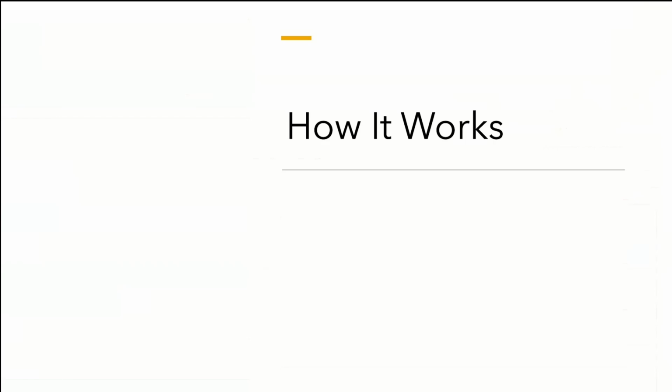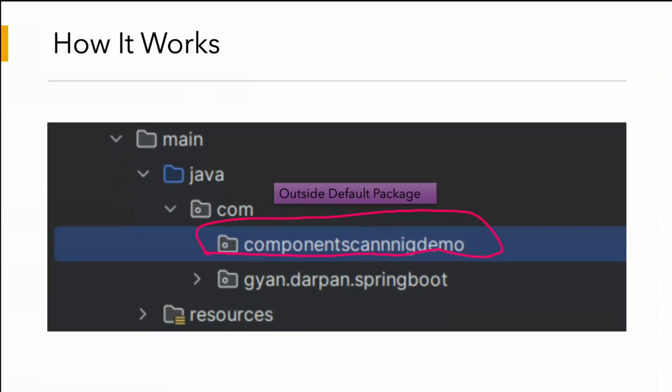A common pitfall when using Spring Boot is deciding to use packages outside of the default package. Here's an example. So we have our com.gan.darpun.springboot, which is the package of our main Spring Boot application class. But you may want to create other packages outside of the main class, called com.componentscandemo.